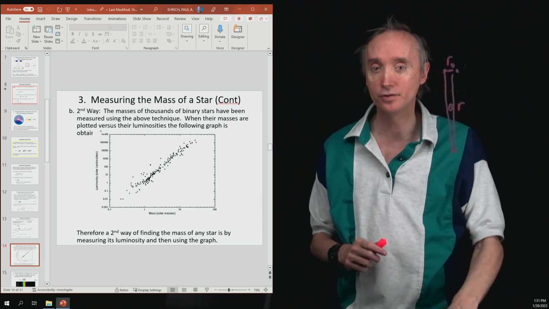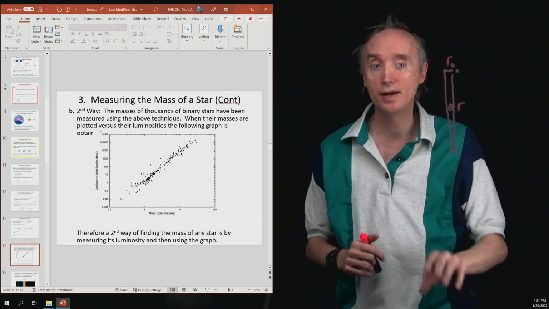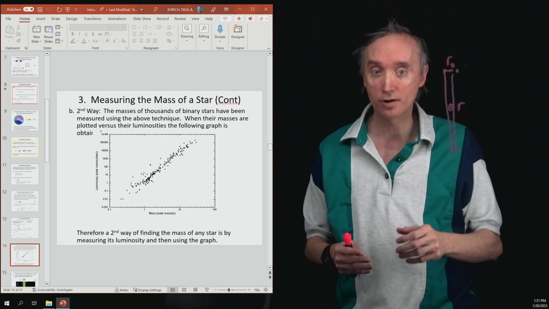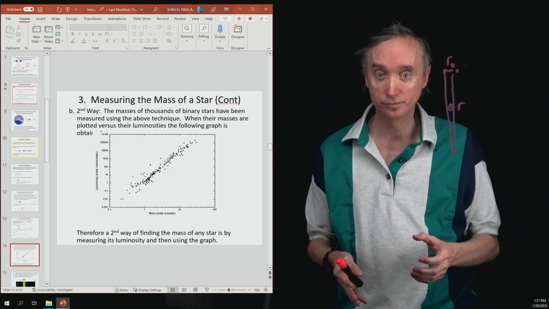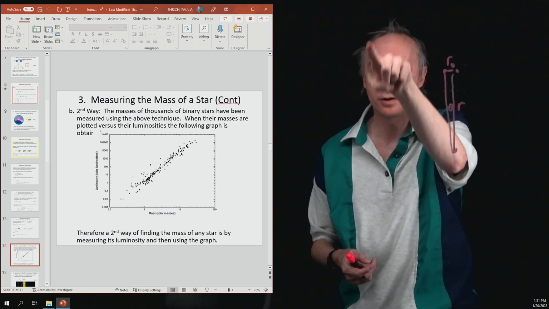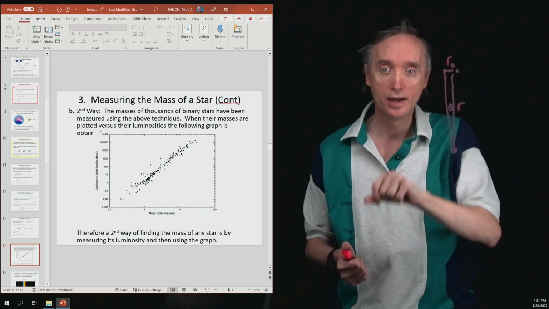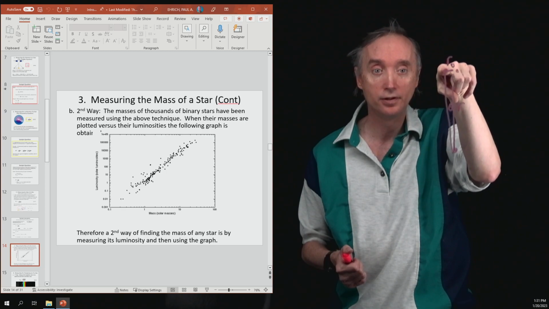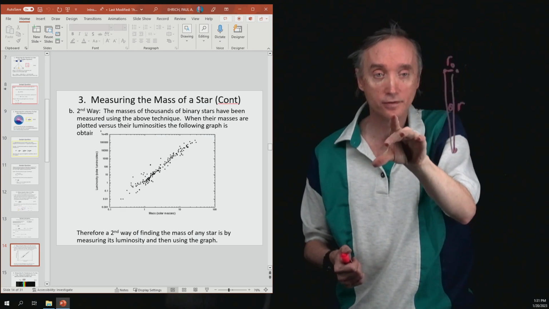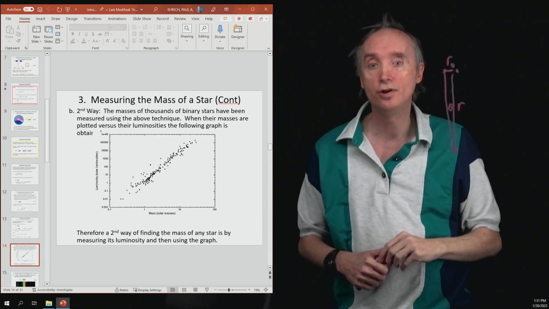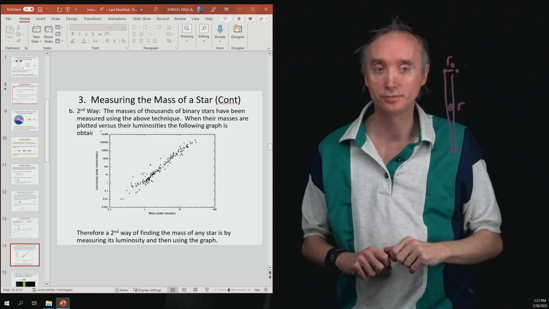All they have to do is measure the luminosity of the star that they're interested in, find that luminosity on the up and down part of that graph, and then go sideways, bounce it off that line of stars, and then go down, and now you know what the mass of that star is.